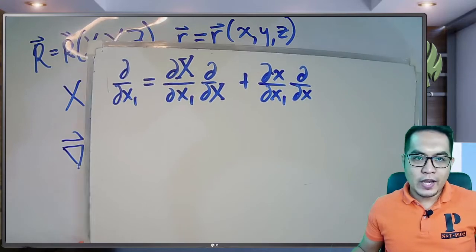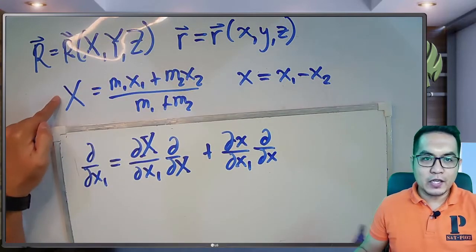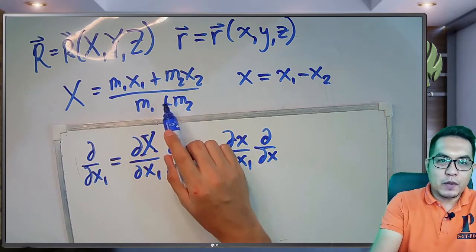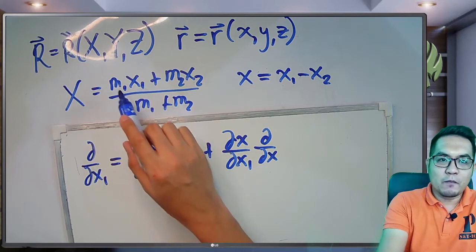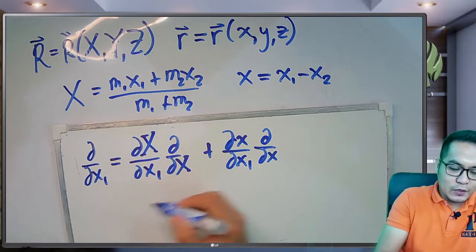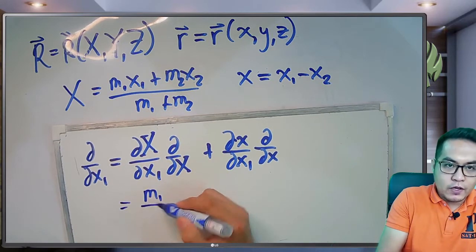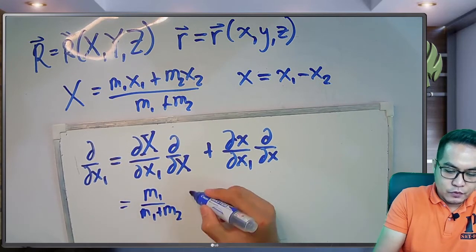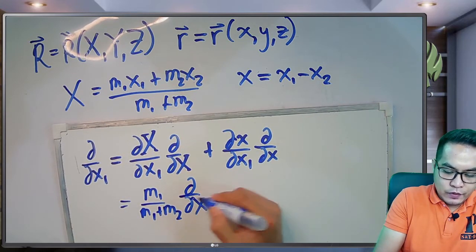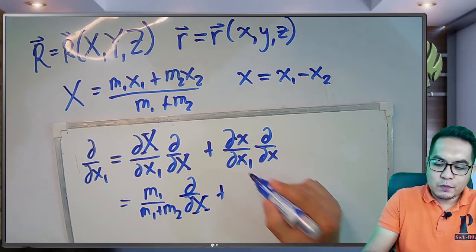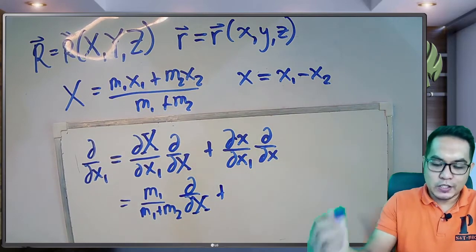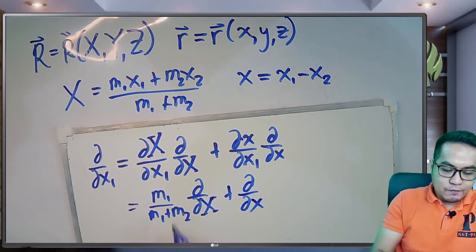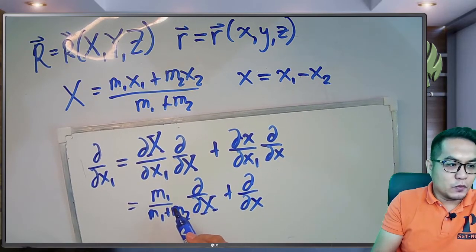Now, we have the definitions of the capital X and the small x. Take the derivative of this with respect to x1, and you will get m1 over m1 plus m2, partial with respect to capital X, and the partial of small x with respect to x1 is just equal to 1, so this is partial with respect to x. Again, this can be written in terms of the reduced mass.